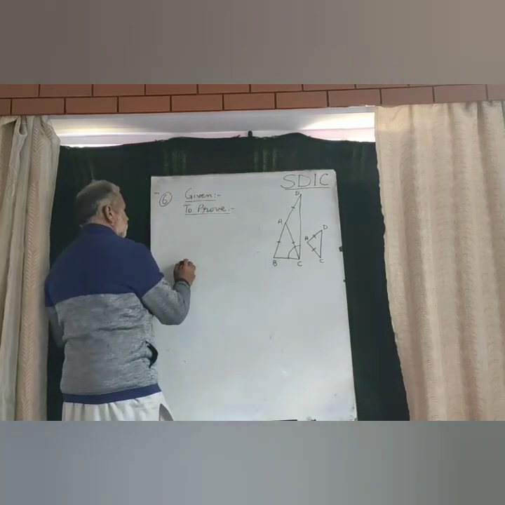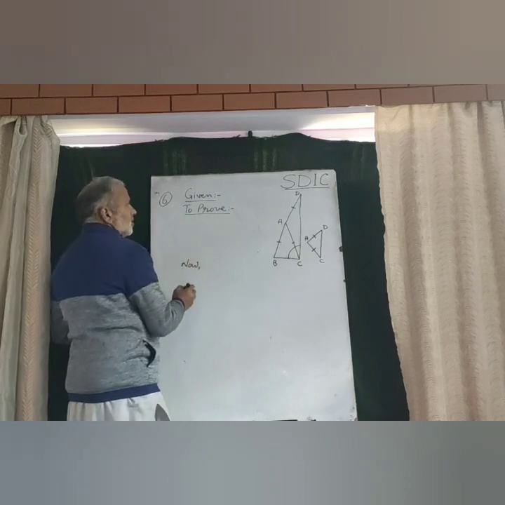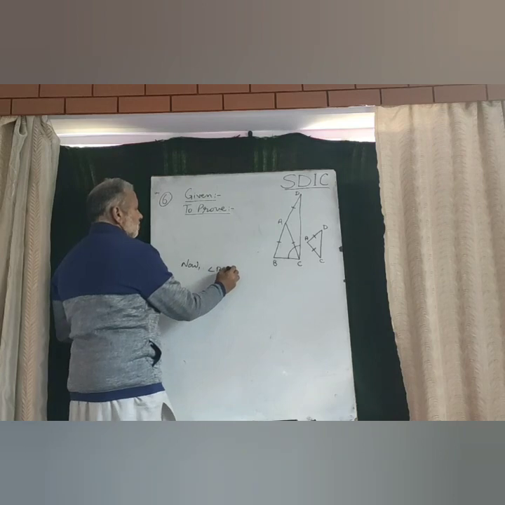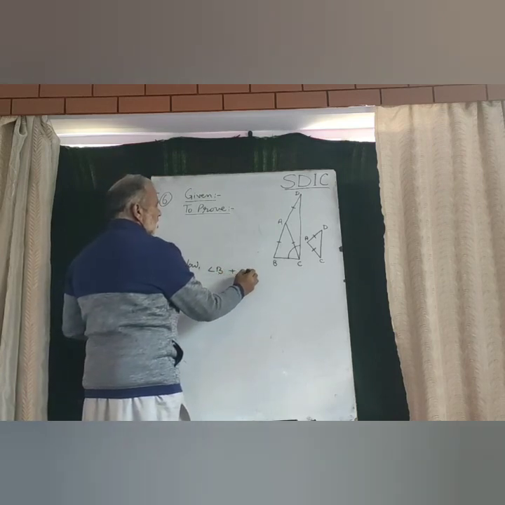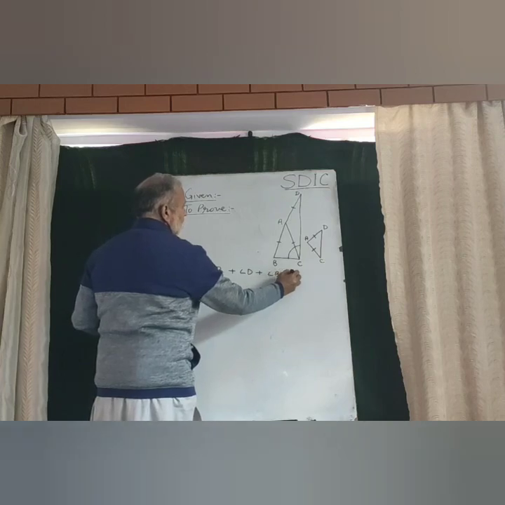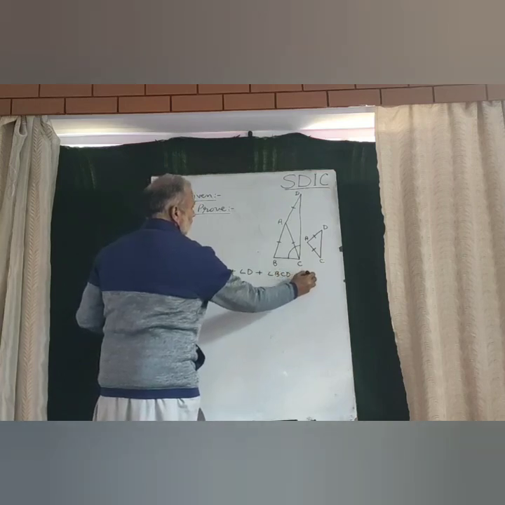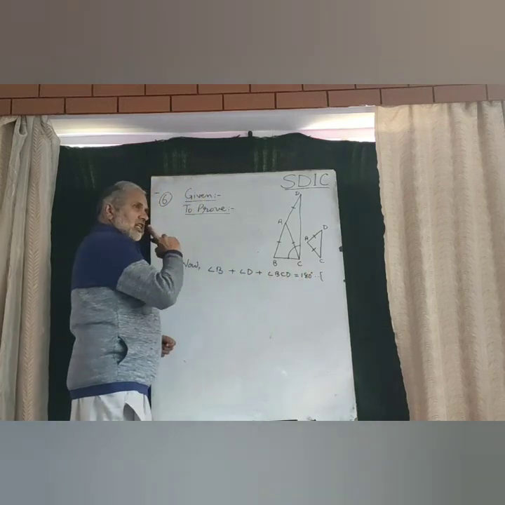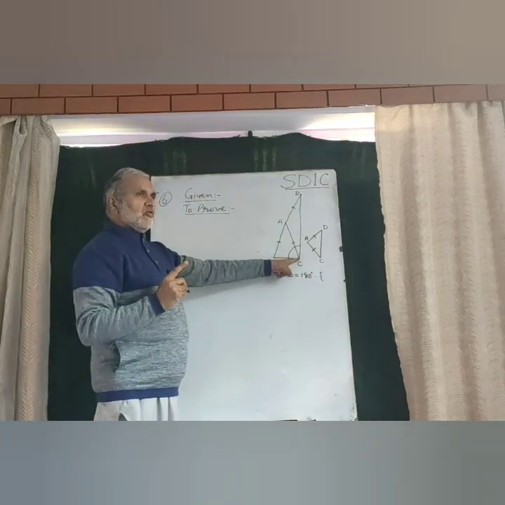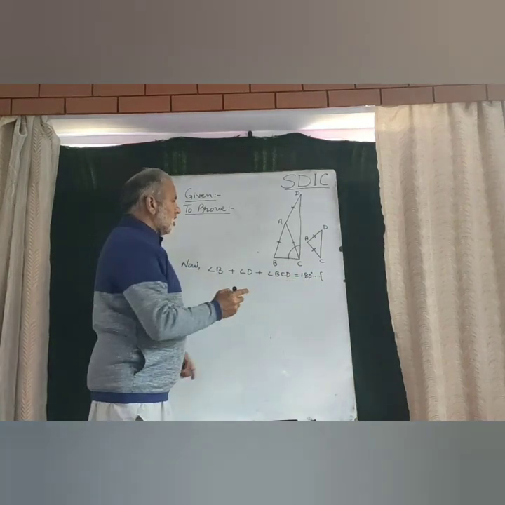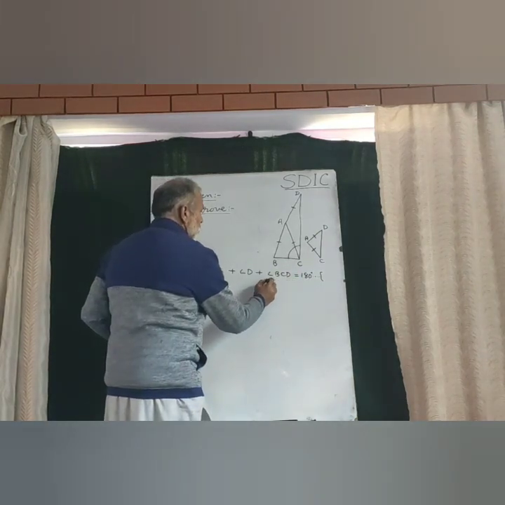Now, when you apply angle sum property, we'll get angle B, short name can be written, plus angle D, short name again can be written, plus angle BCD, you'll have to give full name, is equal to 180 degrees. Again, why did we write the full name for angle at C? Because many angles are formed there. Angle BCD I wrote is equal to 180. Reason is angle sum property of triangle.